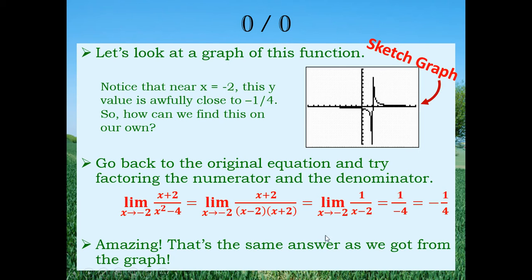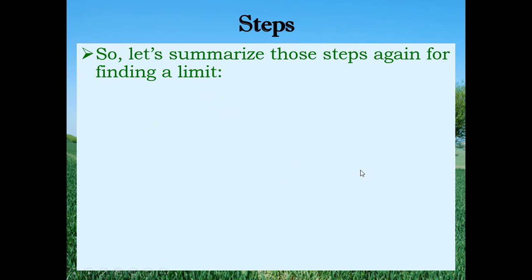The x plus 2's would cancel out, and we would have 1 over x minus 2, which is equal to negative 1/4 as x approaches negative 2. Now, that's what we saw when we looked at the graph. So when we have 0 over 0, we can probably factor something and get a pretty good idea of what the limit is going to be.